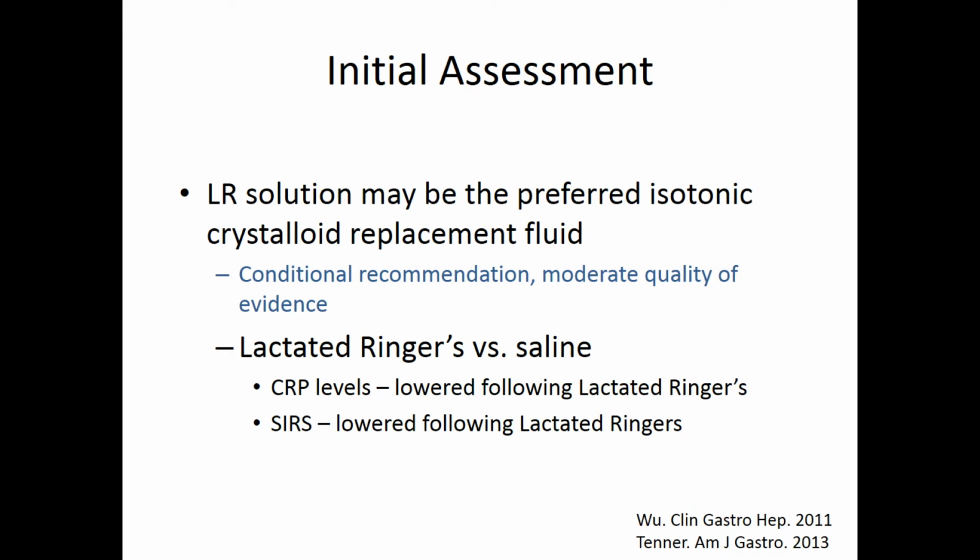We think that lactated Ringer's is probably the preferred isotonic crystalloid solution, and this is based on a small randomized trial where lactated Ringer's was administered versus saline, and this led to decreased levels of CRP and SIRS, but it did not lead to improved mortality, unfortunately. But still, based on this, it seems that lactated Ringer's is a better crystalloid replacement fluid.